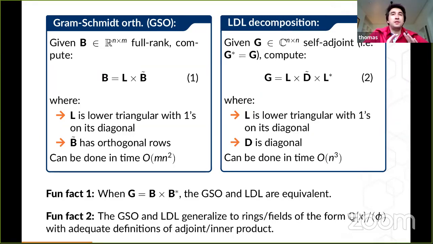And it's easy but tedious to show that once you have these adequate definitions, you can just take the regular algorithms for doing the GSO or the LDL, and you get a general algorithm.